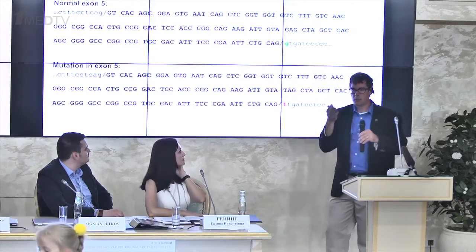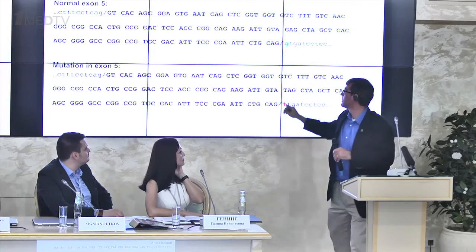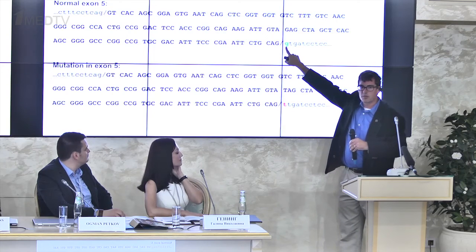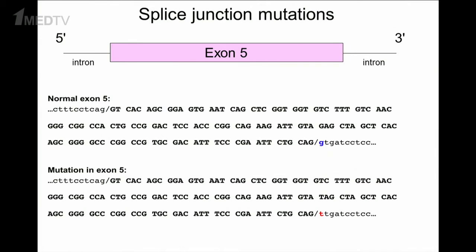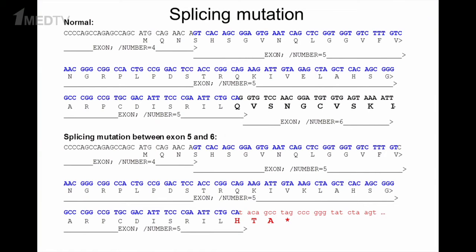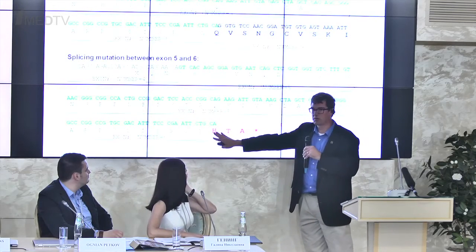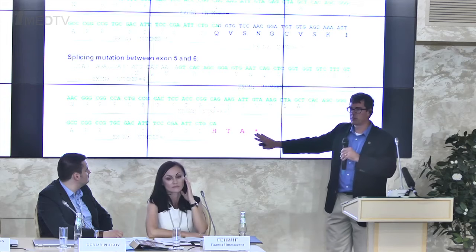This would be between chapters. If we change that position, we can no longer put the book together properly, and the cell cannot read the volume. Once again, it changes the way PAX6 is made and creates a new stop codon.